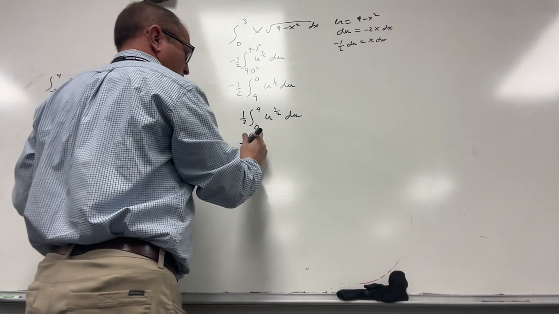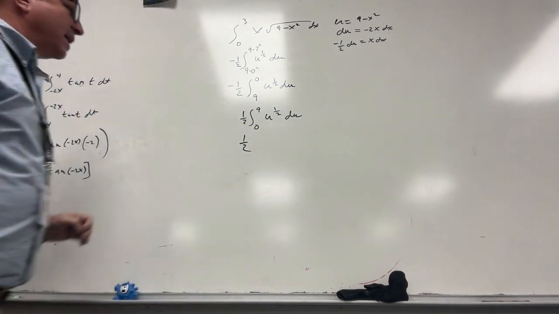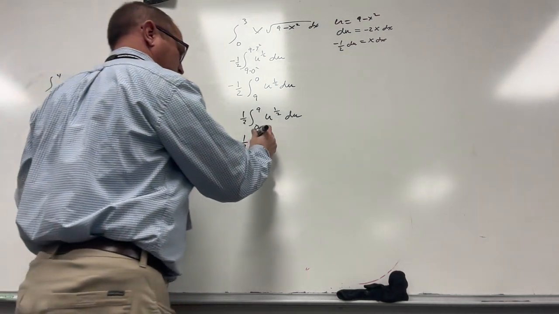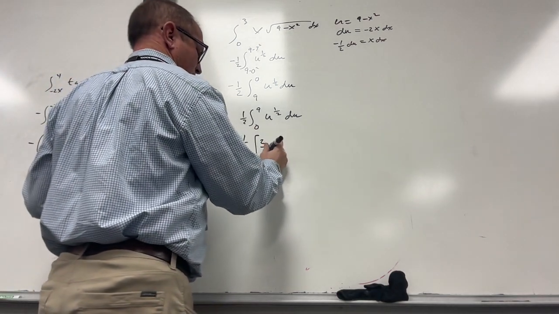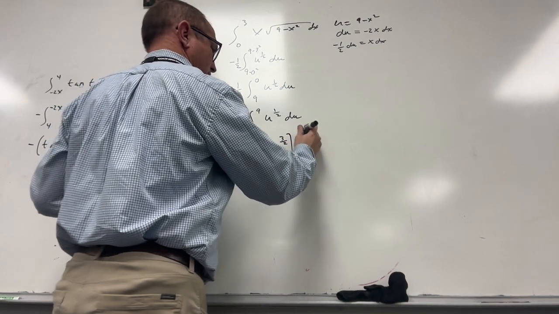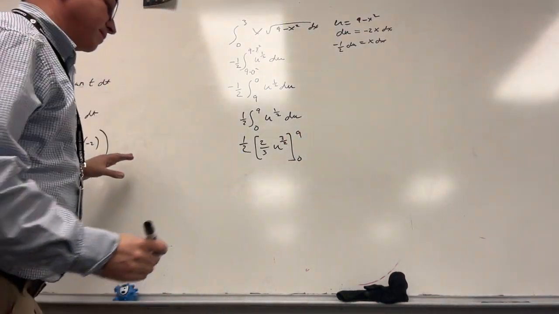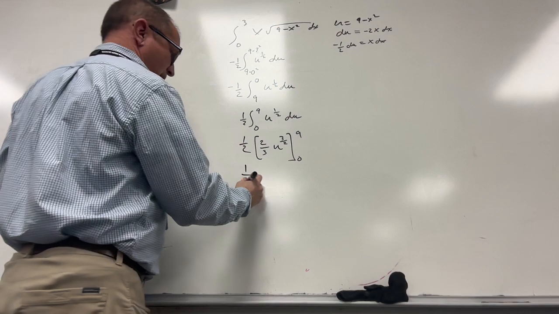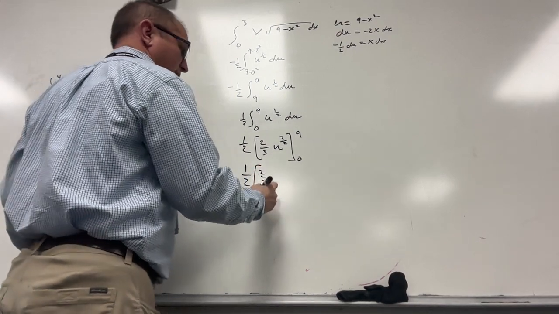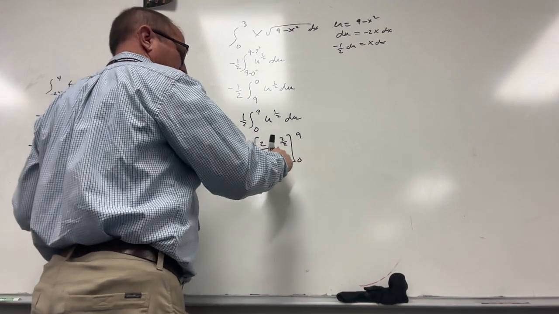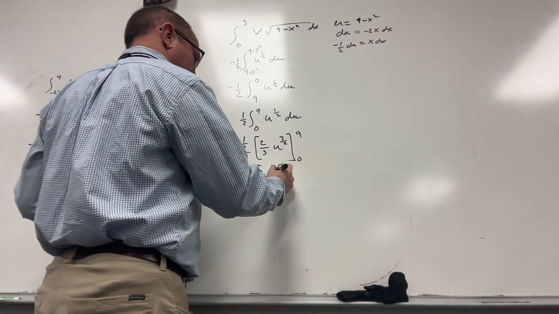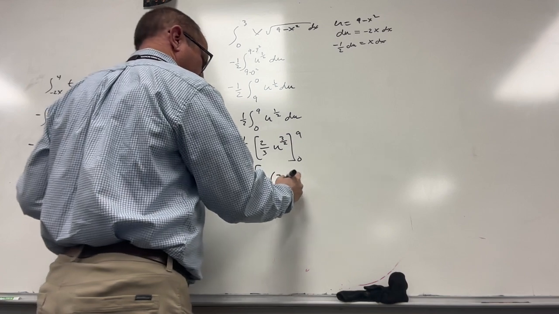So now it becomes 1/2 of, okay, what is the antiderivative of u to the 1/2? So it's 1/2 of 2/3 of, all right, this is the square root of 9, which is 3, and 3 cubed is 27.